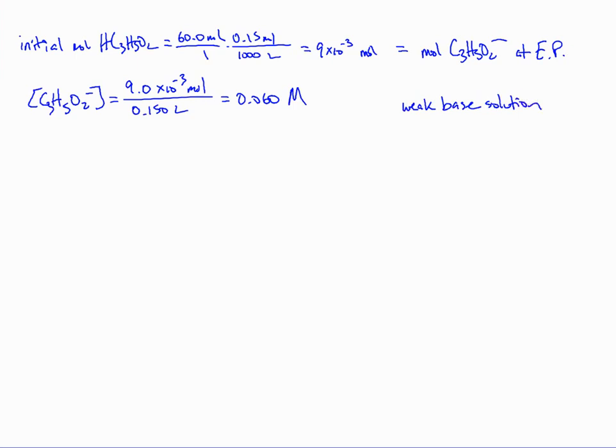Because we have a conjugate base, it's going to start pulling hydrogens from waters to create propanoic acid again and leaving us with a bunch of hydroxides floating around. So this is the reaction you're going to see, with this conjugate base reacting with water, and you end up with propanoic acid, and then hydroxides.